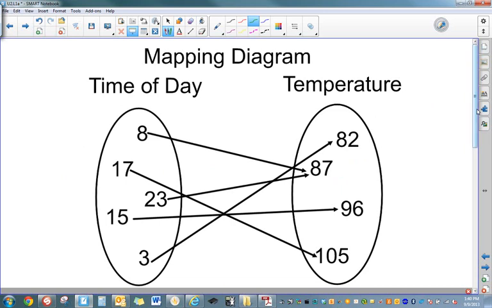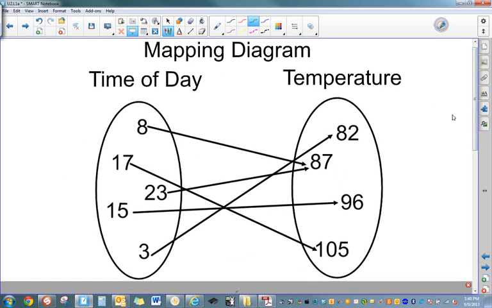What I'd like you to do is please copy down this mapping diagram. Once again, copy down that mapping diagram.